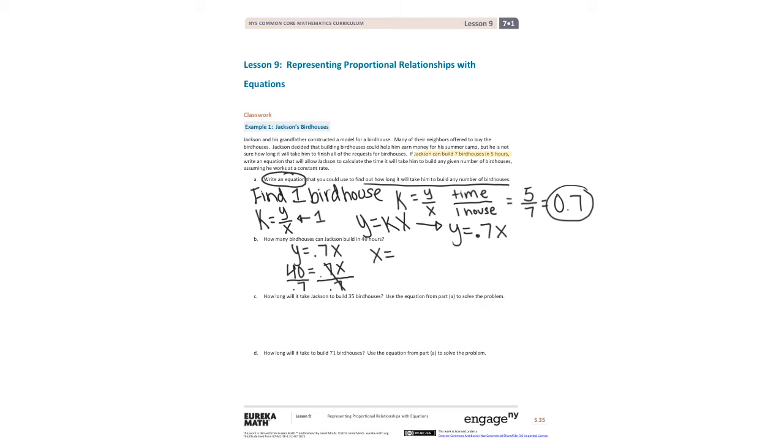Now take out your calculator and calculate 40 divided by 0.7. All right, you should have calculated 57.1. Well, Jackson can't build 57.1 of a birdhouse. So go ahead and say he built about 57 birdhouses.